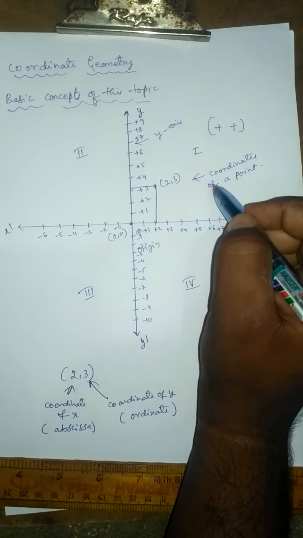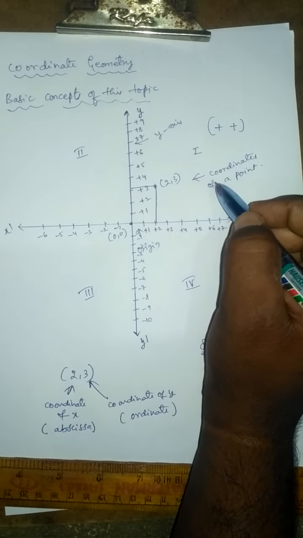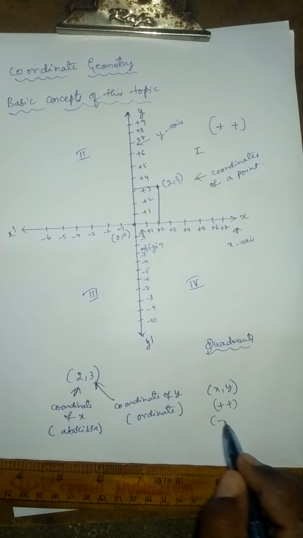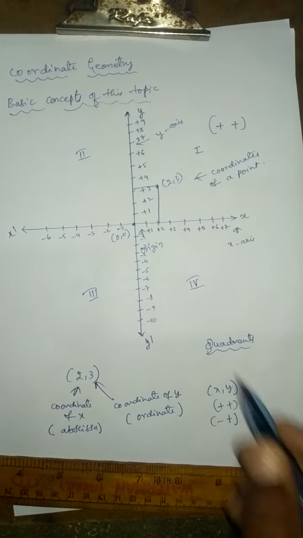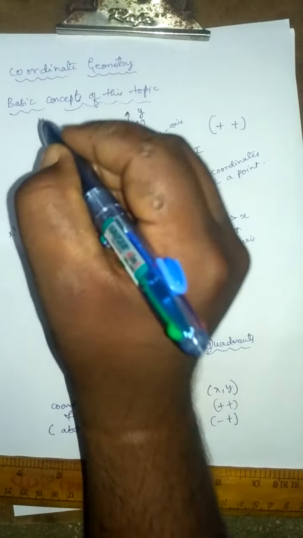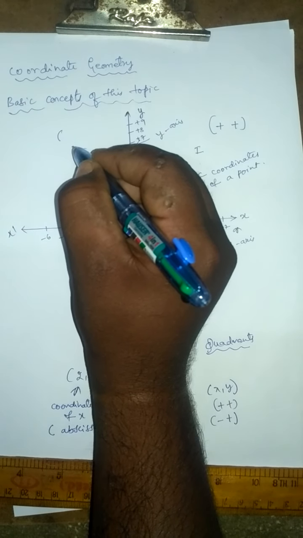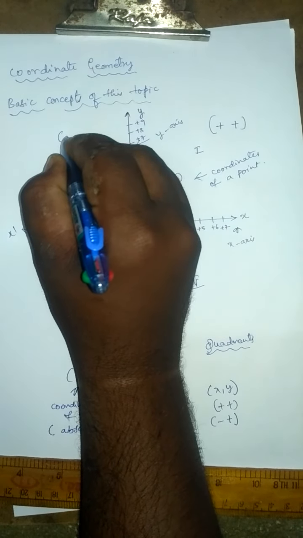If x is negative and y is positive, these coordinates will exist in the second quadrant.